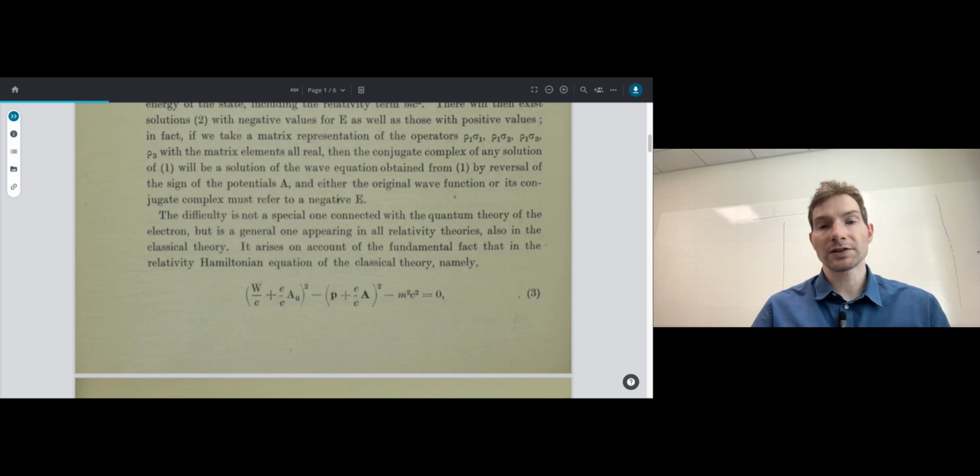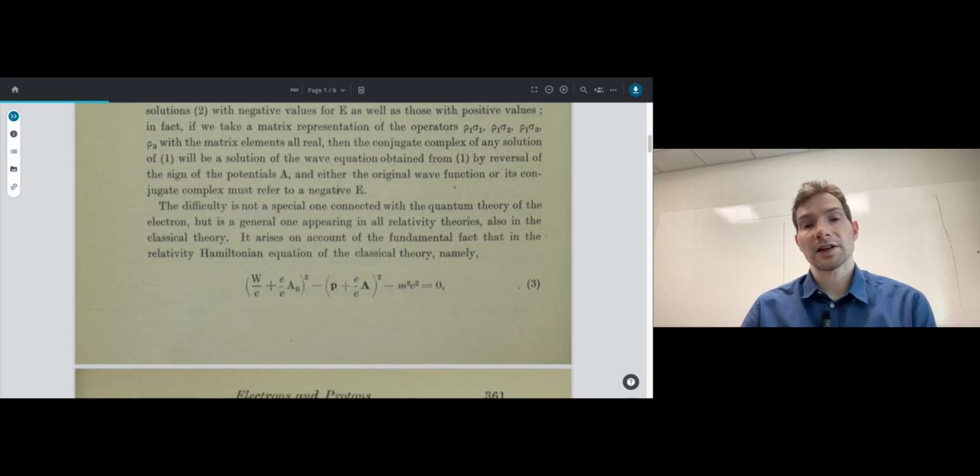And what he notices is that in the term on the left, you've got an ambiguity with regard to the sign of W. So this equation is going to be satisfied regardless of whether W is positive or negative, which gives some freedom that is problematic.